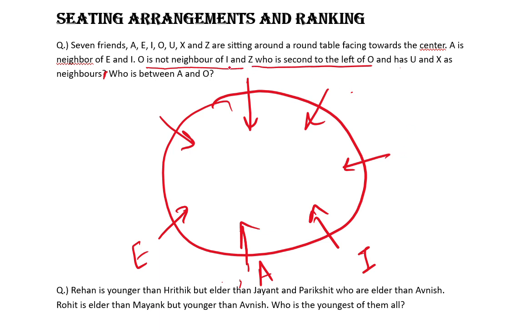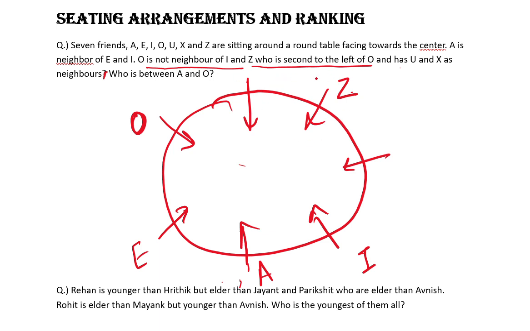O is not neighbor of I and Z. Z is second to the left of O. Suppose O is here somewhere. O is not neighbor of I and Z, so I cannot be here, Z will be here. Suppose Z is here.